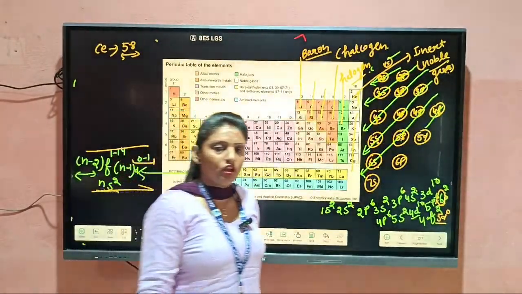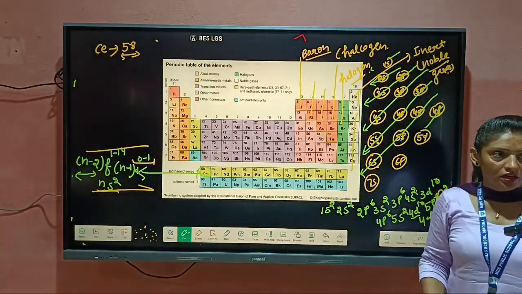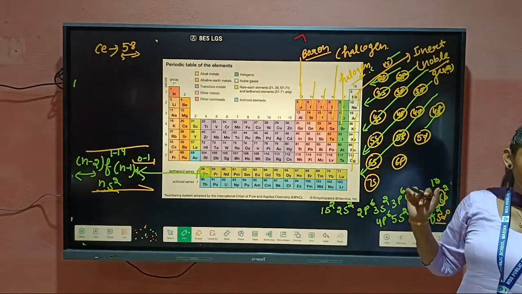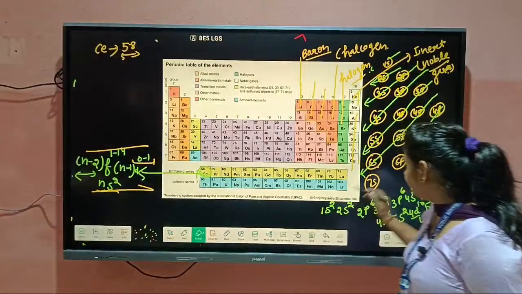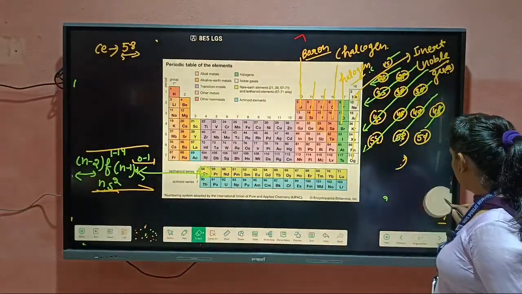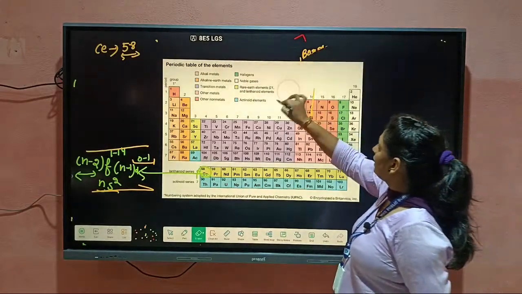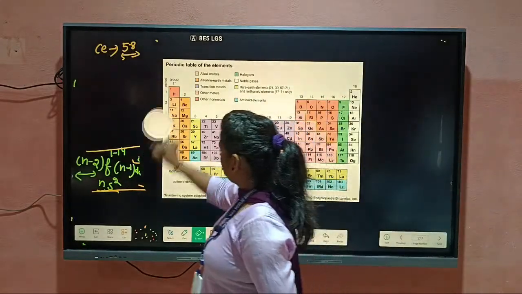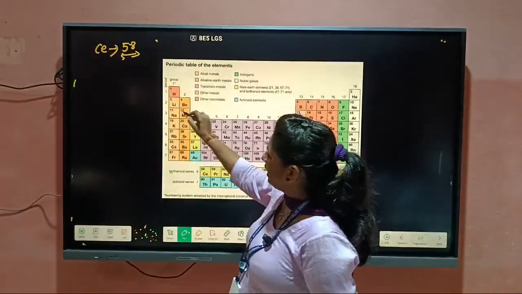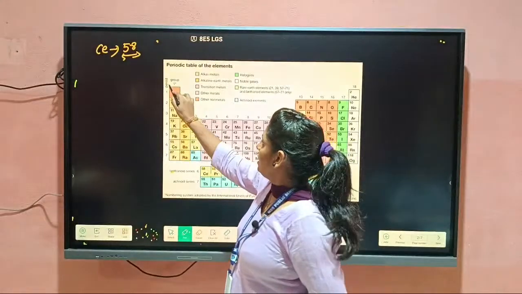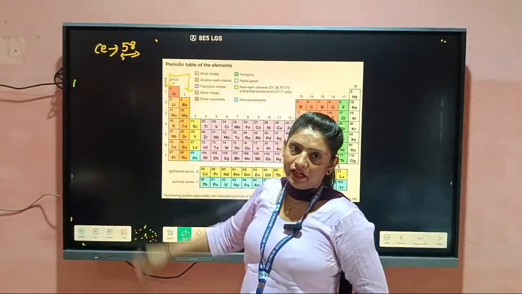Okay, so this is all about the modern periodic table. There are a total of 118 elements. 92 elements are naturally occurring, beta. And here 78% of elements are metallic in nature. Elements of group 1 and 2 are metallic.